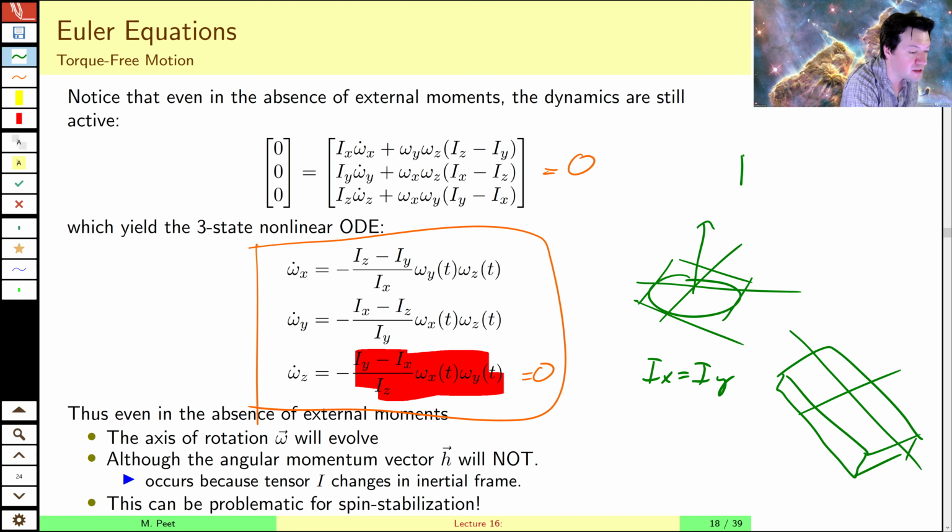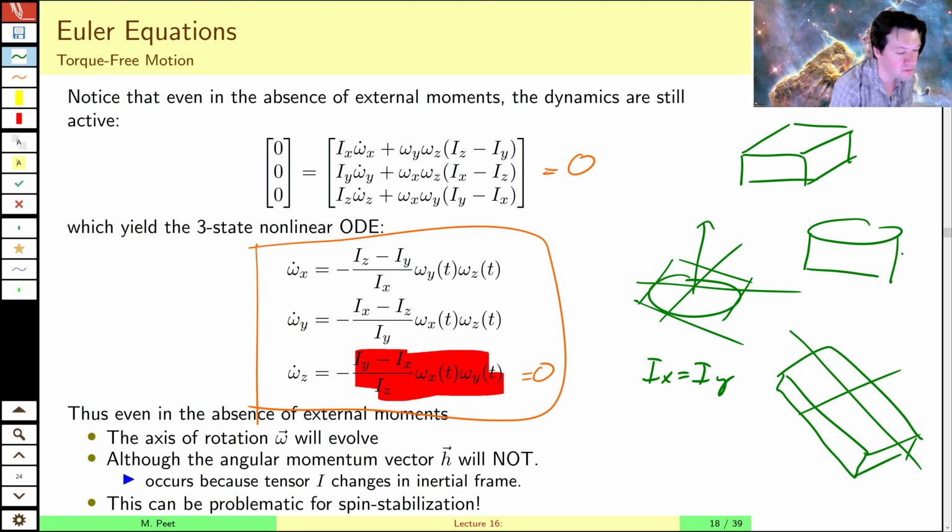Ones that look more like that. Or, if we prefer, like that. That one is a truly axisymmetric one. But this will be either case. Ix equals Iy for that one, and Ix equals Iy for that one.